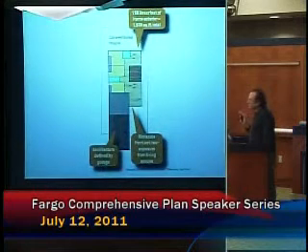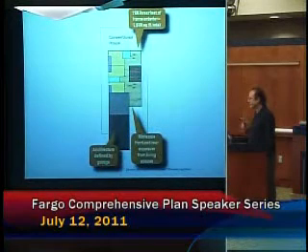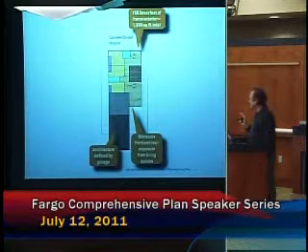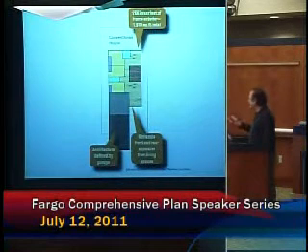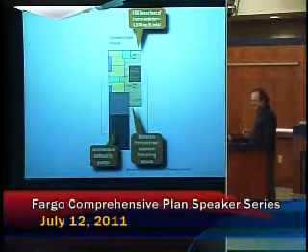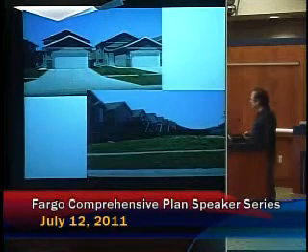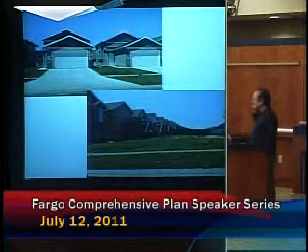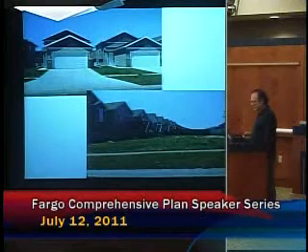When you look at what's happening in Fargo in particular, to get density, homes have gone narrow and they've gone deep to make the numbers work. So you end up with this type of home. Actually worse than the situation I just showed you.